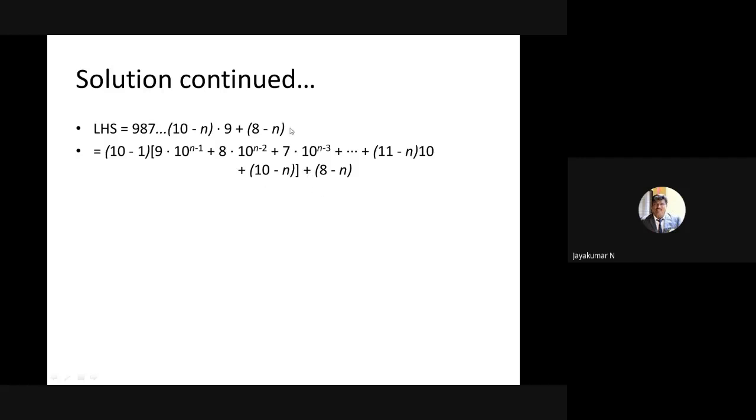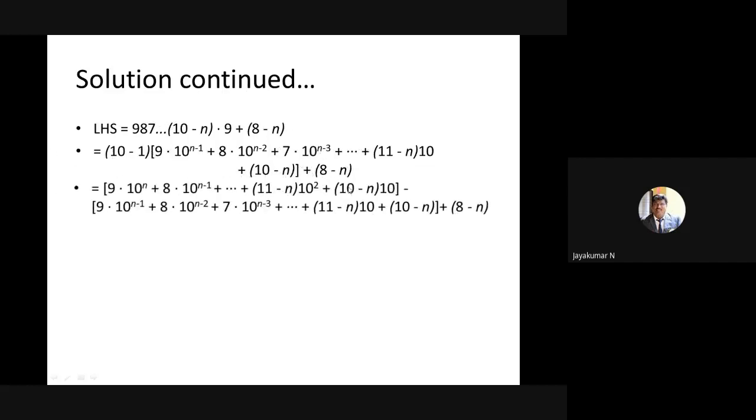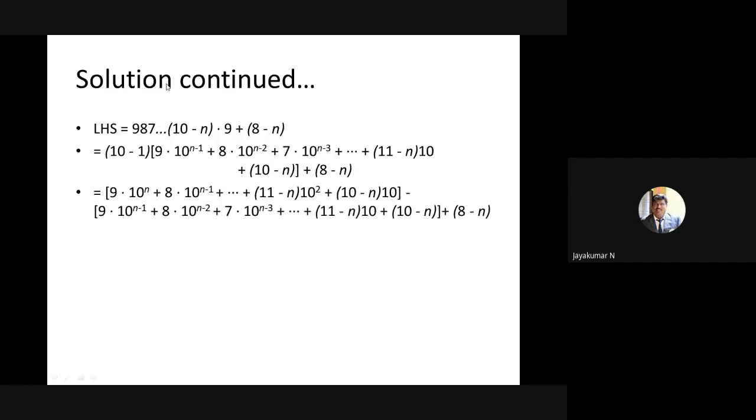I have to write with 8 minus n. I can keep it as it is, 8 minus n. And in a similar way, what's the next one? So 9 into, I can multiply 10 inside the bracket as well as minus 1 inside the bracket. If you multiply 10 inside the bracket, every power of 10 is increased by 1. So 9 into 10 power n, 8 into 10 power n minus 1.